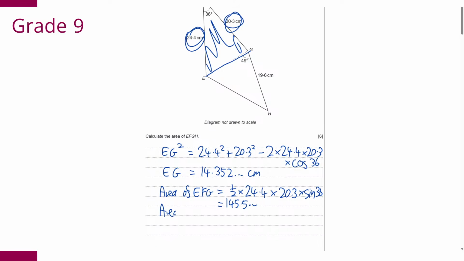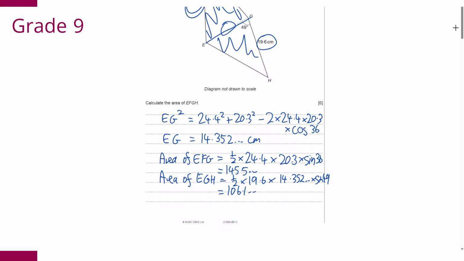Okay, and then we also want to work out the other area, but this time it's a bit easier because it's given us the length here, and we've already worked out the length here. So the area of EGH, same thing again, half times, but this time it's the 19.6, and the one we found out, which is the 14.352 blah blah blah, times sine 49, which equals 106.1 blah blah blah.